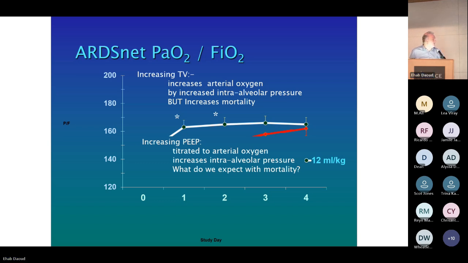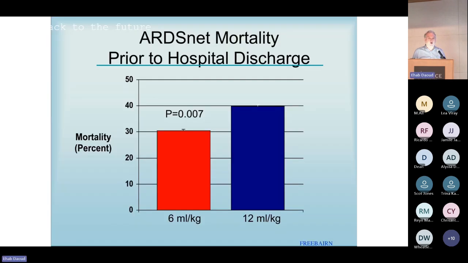Increasing PEEP titrated to arterial oxygen increases intra-alveolar pressure. What do we expect that to do to the mortality? Increased tidal volumes increase mortality, but increased PEEP increases oxygenation efficiency. We know the mortality is higher in the ARDS group with large tidal volume, and higher PEEP may have the same effect. The idea that we could titrate PEEP using a pulse oximeter is probably fallacious.